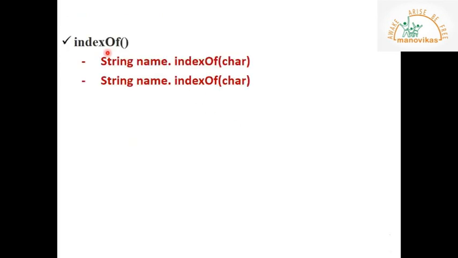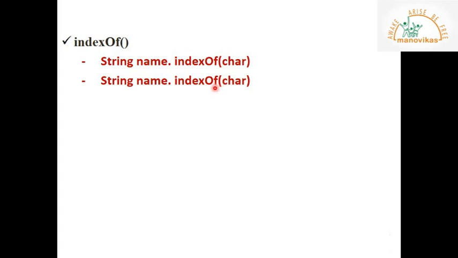The next function is indexOf. IndexOf is a function which is used to find out the index of a particular character in the string. This function will display the first occurrence of the character or the substring which we are specifying here. So this can be a character or it can be a substring also.